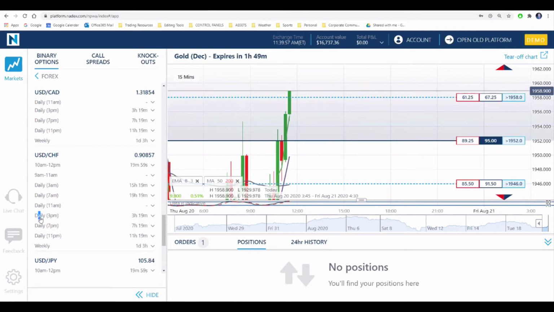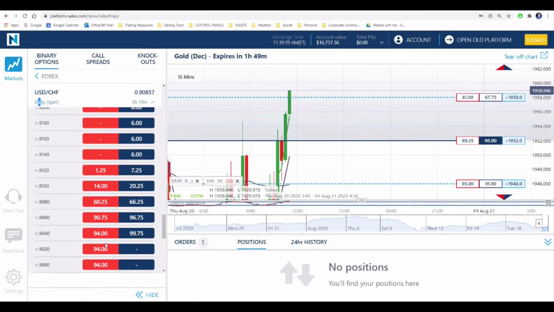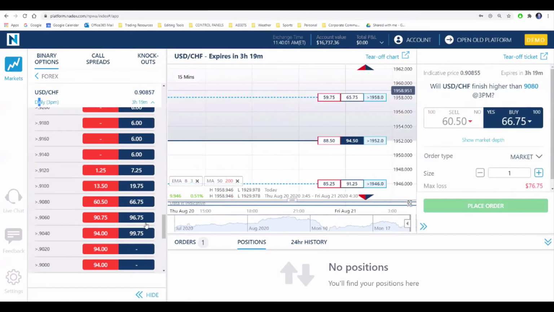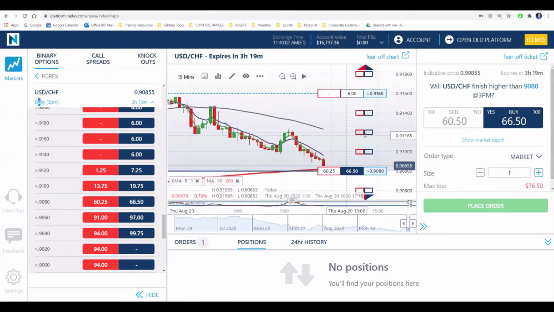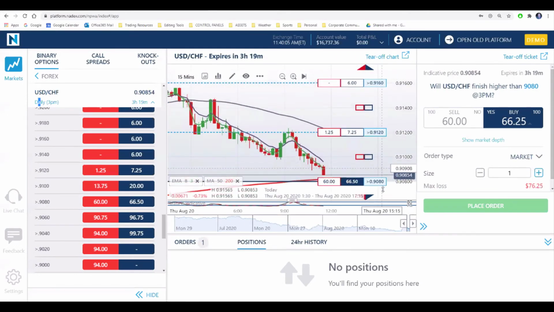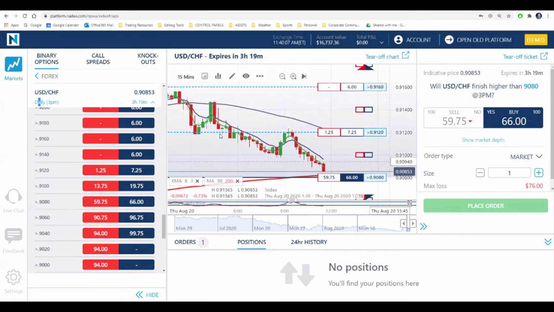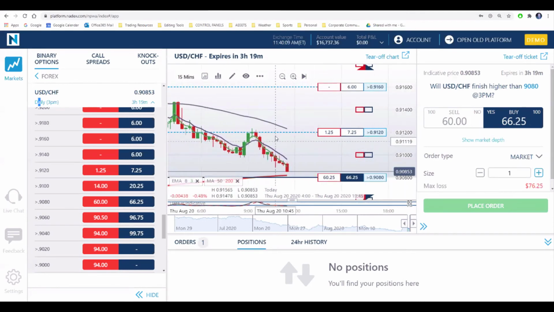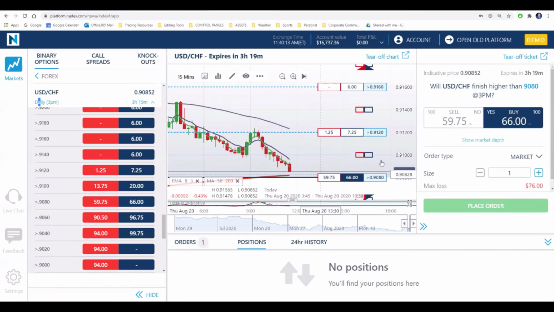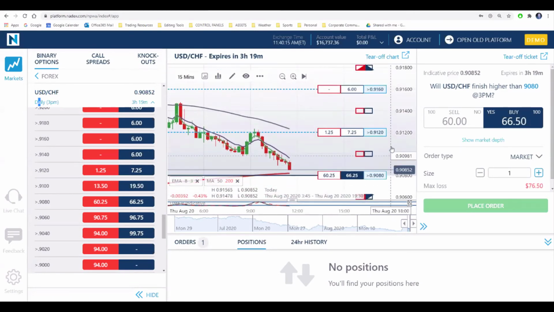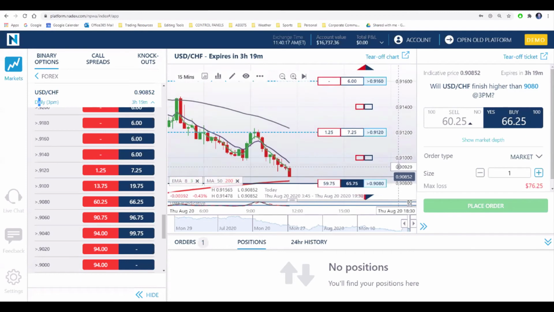I'm going to go for a daily expiration at 3 p.m. and see. Now it's back. It closed above the T-line, and it's resumed its move to the downside. So today would have just been a day to sit on the sidelines.